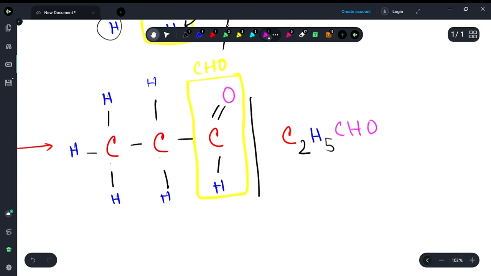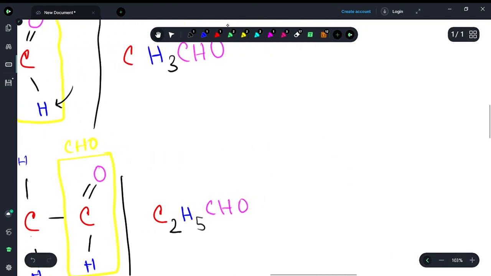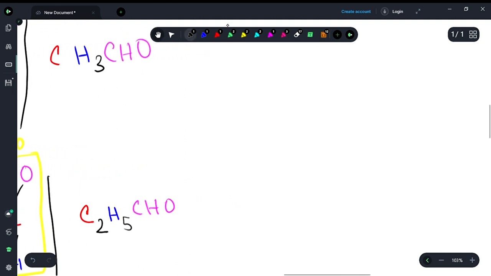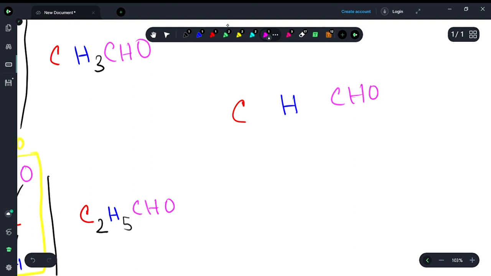From the formulas, what can we see? For carbon and hydrogen, the number of hydrogens is twice the number of carbons plus 1. So if carbon is n, hydrogen is 2n plus 1. It applies for this one, and it applies for this one.